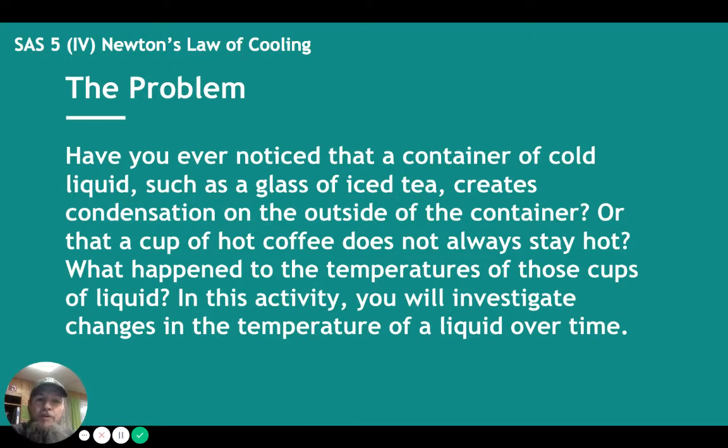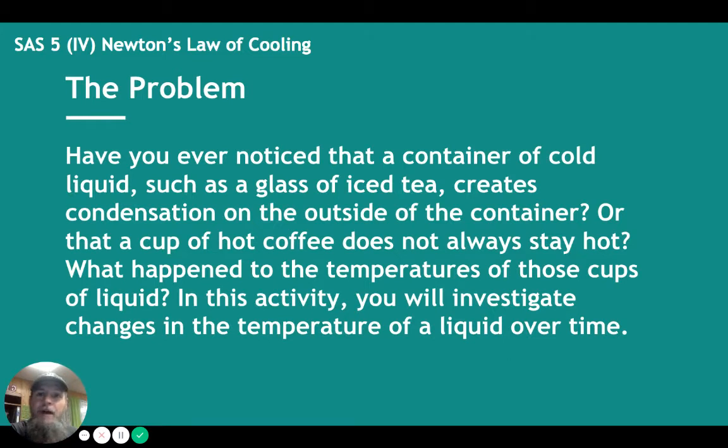It causes the moisture in the air to form on the outside of the glass. It's not from the glass at all. It's from the air. Anytime air comes close to it, that moisture gets drawn to it. It actually helps that water on the inside warm up to room temperature.